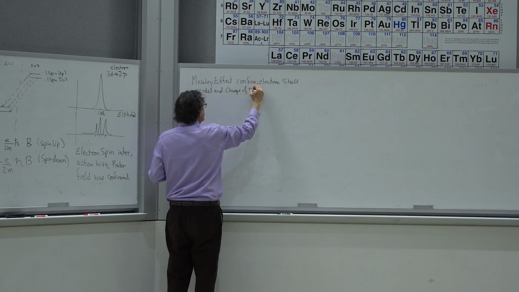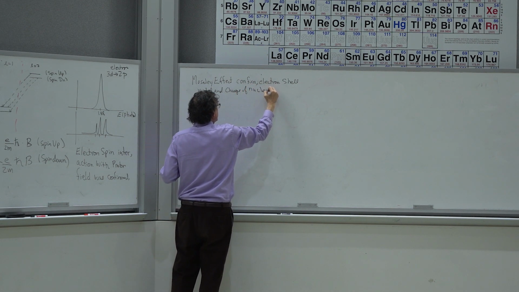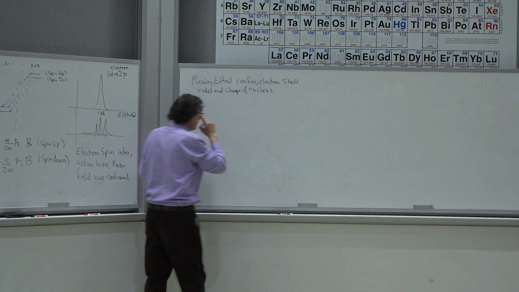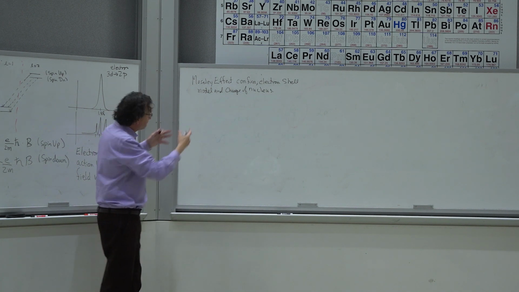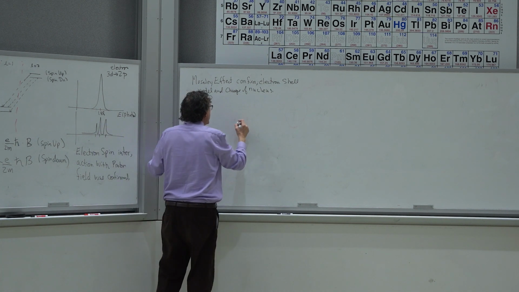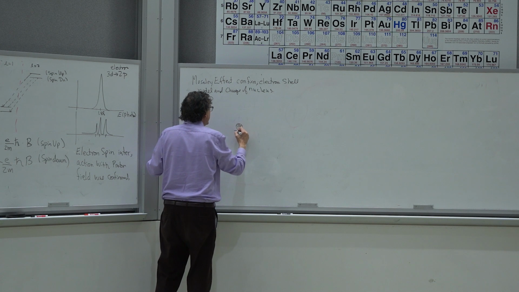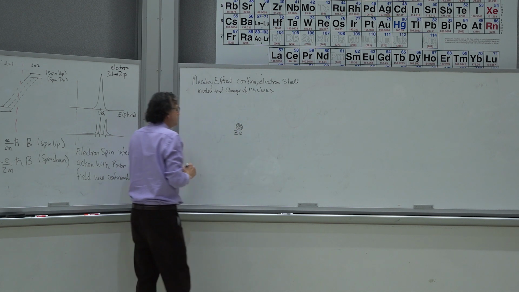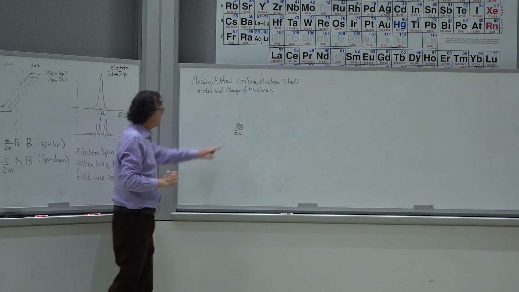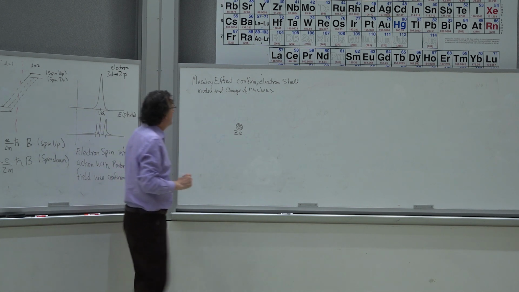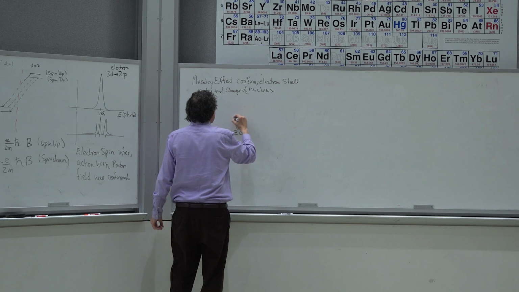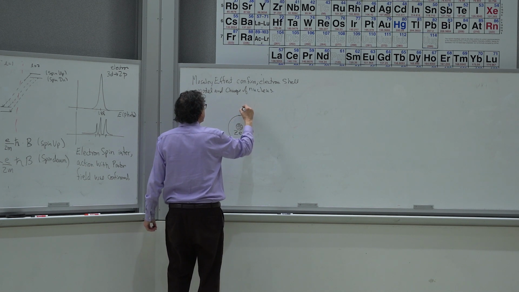And the way this was done was to consider interactions that would show this. But the basic idea was that if we now go back to our picture of the atom, and now I'm going to assume that I have a nucleus or an atom with Z electrons, or Z protons. So the nuclear charge is Z times e, right? And there are different orbitals of electrons going around, right?